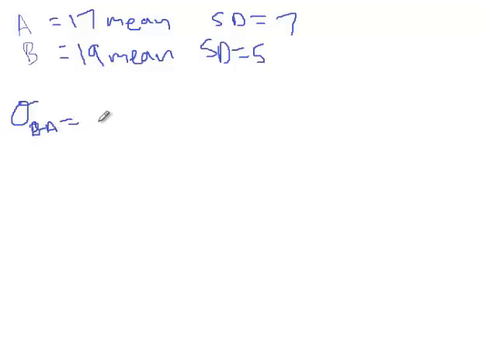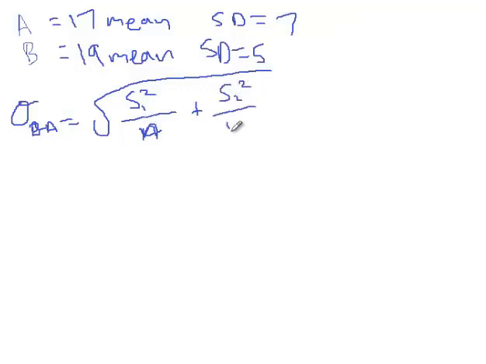Remember, it's the square root of the first sigma squared, we'll use S, it's a little bit easier, divided by the sample size for A, plus the second standard deviation squared divided by the sample size for B. Now back to the question, you can look back at the last section or in the PowerPoints.